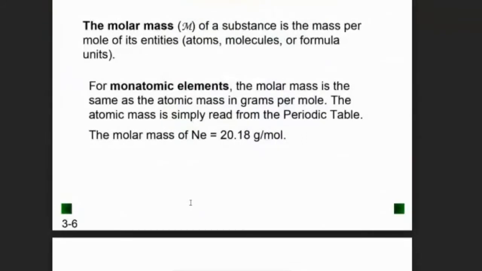Molar mass is very similar to what we call molecular mass, which we covered in the last chapter. You do it the exact same way, but in this example, we shift a number that's small. If I said I had 1 molecule of water, then I can say that it's 18 atomic mass units. Well, an atomic mass unit is 1.66 times 10 to the negative 24th gram.